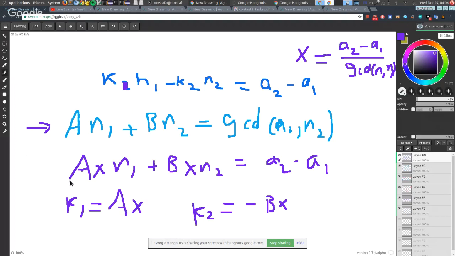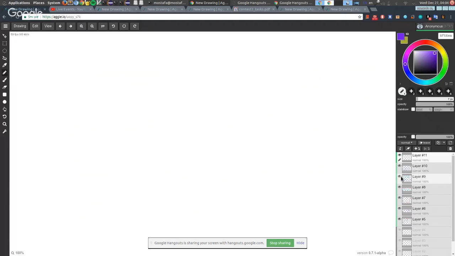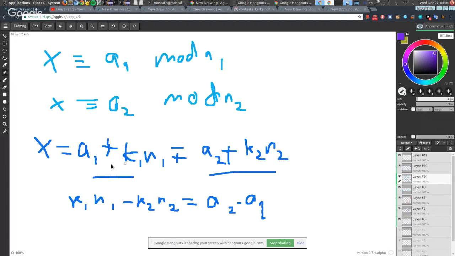So once we have a or b, we can compute x, using the initial formula we have here.